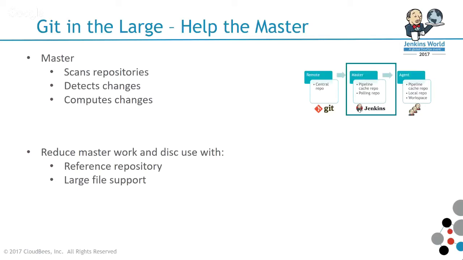So each of those things may require a copy of the repository on the master. Therefore, if you've got large repositories, you can use reference repositories as described earlier, or you can use large file support, and they'll both actually help your master in addition to helping the remote. So two ways there, even with best practices in Jenkins where you generally don't execute anything on the master node, you can help it if you've got reference repositories dealing with these large files.